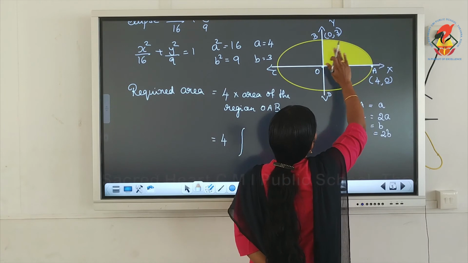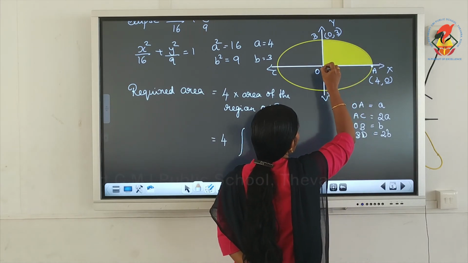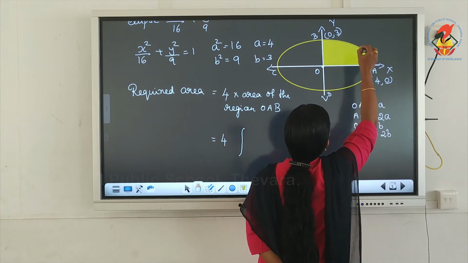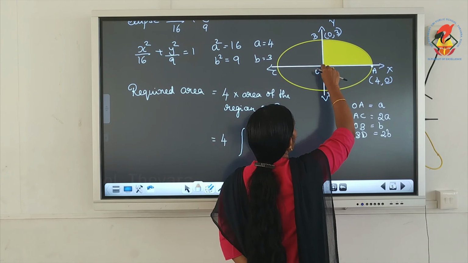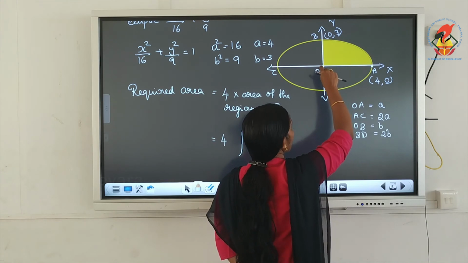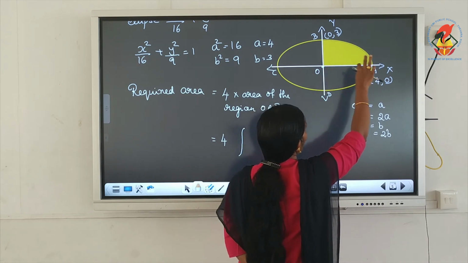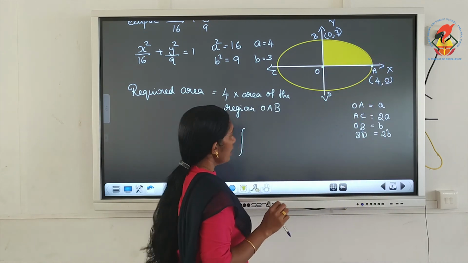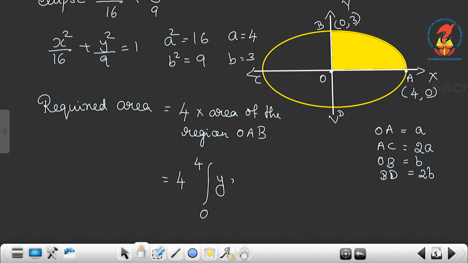This region is bounded by the y axis, the x axis and the curve. Here we have only 3 portions, and the starting is from the origin, that is 0, to 4. So the integral I can write as 0 to 4 y dx.